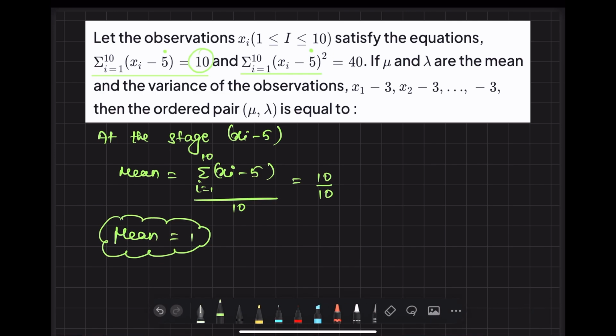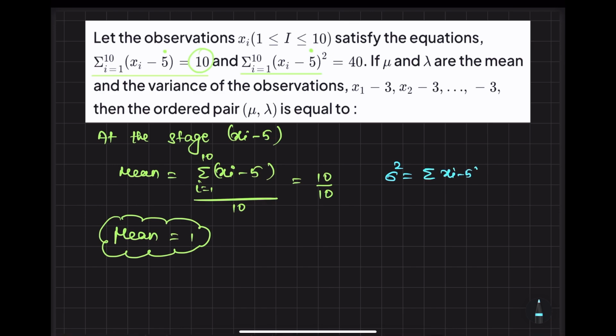Now let's move on to the variance part. So at this stage only we will try to find out the variance. So variance means what? Variance means summation of (xi minus 5) whole square by n, minus mean whole square. Mean is what?